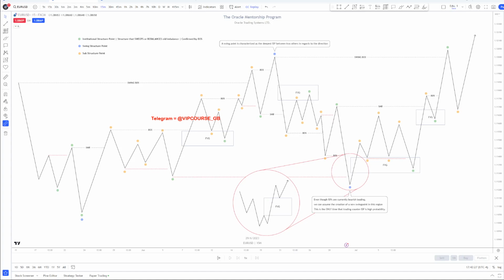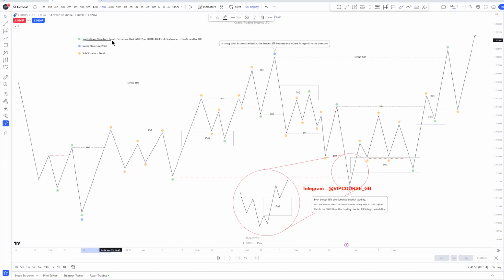asking questions. Okay, so the Oracle system, we view structure in a very unique way. We view structure within a three-class system. We have institutional structure, we have swing structure, and we have substructure, okay?